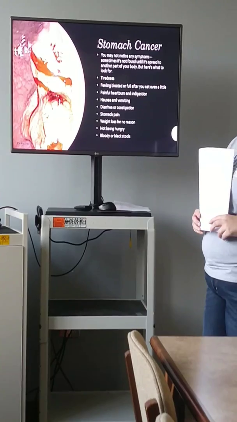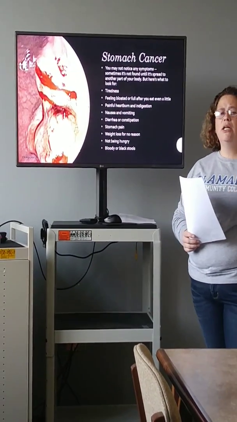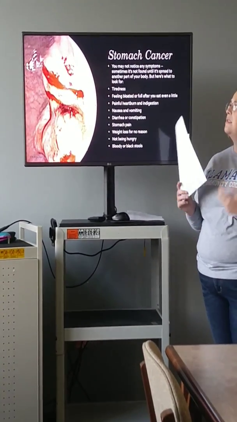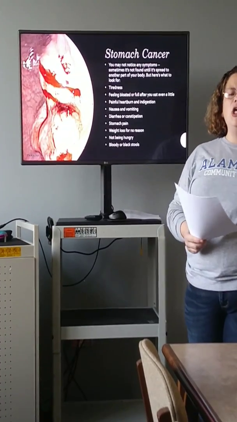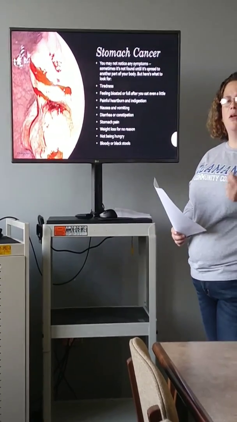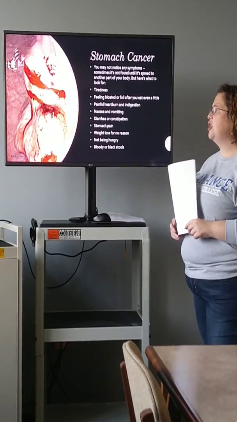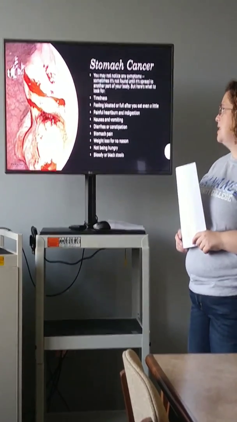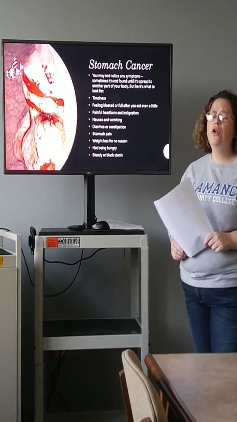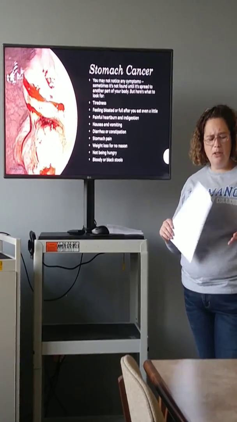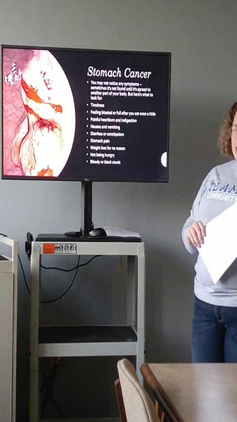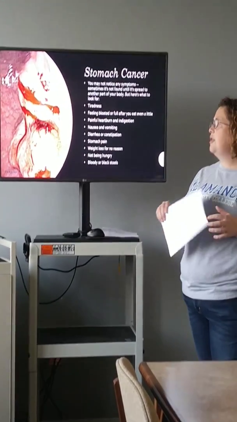Painful heartburn and indigestion can also be signs of stomach cancer if there is not a peptic ulcer found. Diarrhea and constipation, stomach pain, weight loss for no reason. That means we're not trying to lose weight, we're eating the same amount of food, it's out of nowhere.